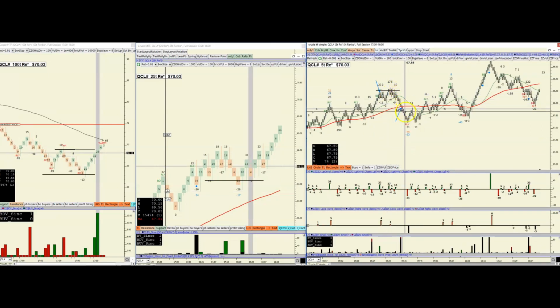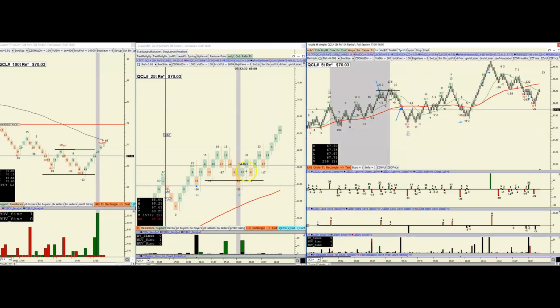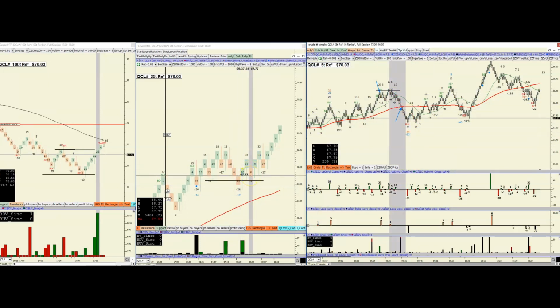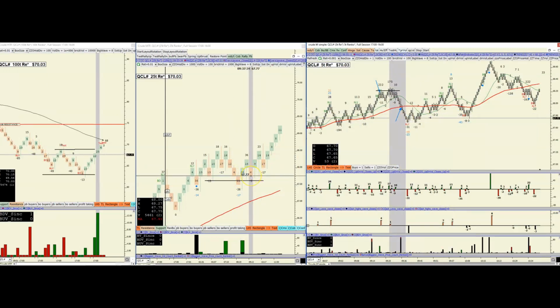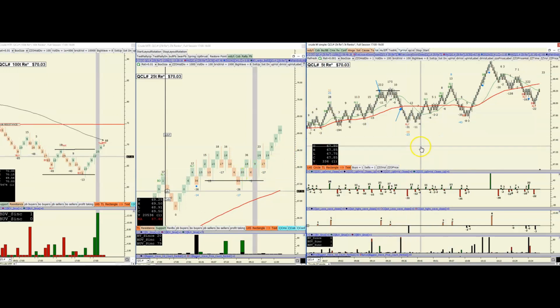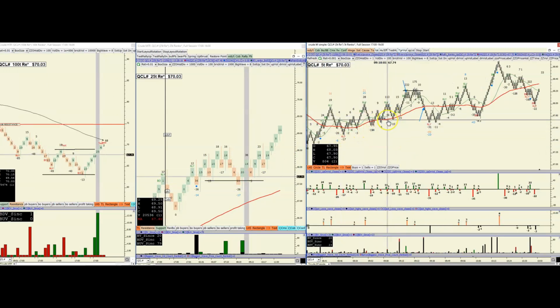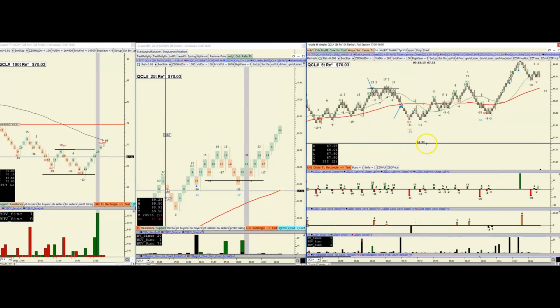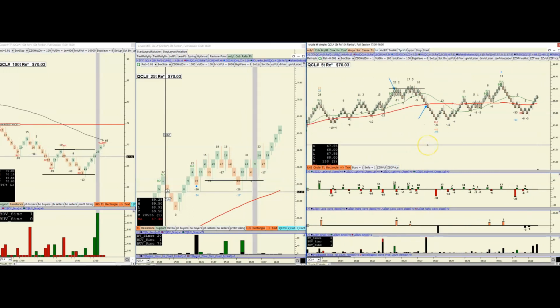But what is it really? And over here we see that all it did is a one bar test. It's a one bar test right here on that 6 down. So what it could have done is it could have taken out this low, and we'll see. I can't really tell.